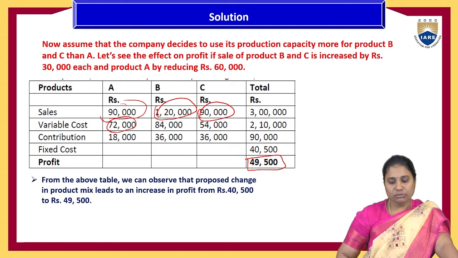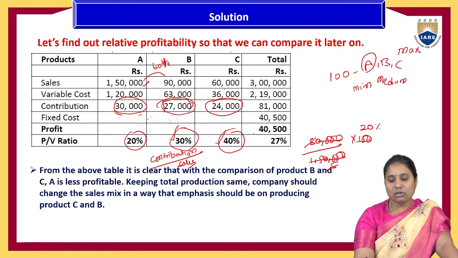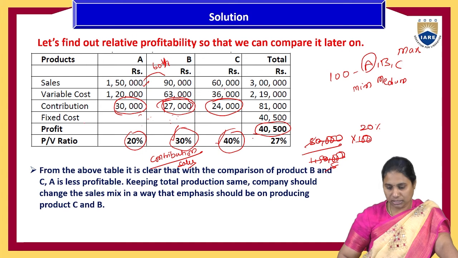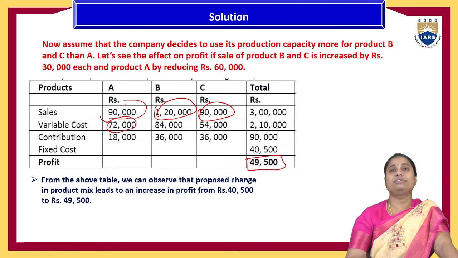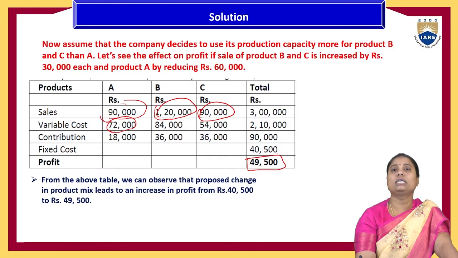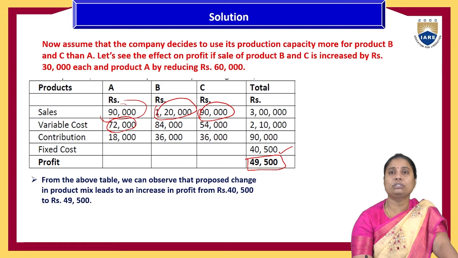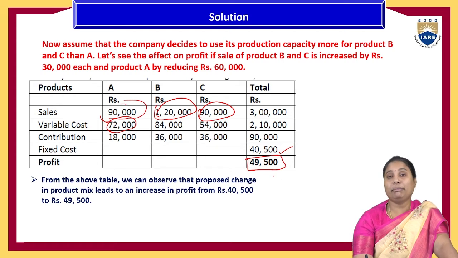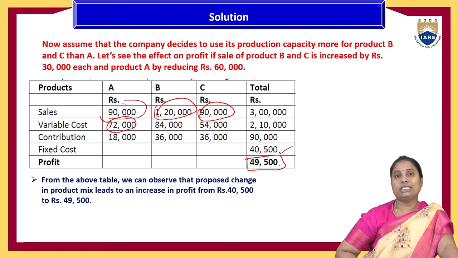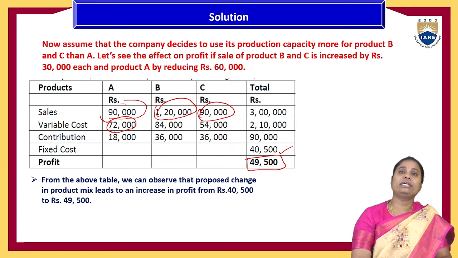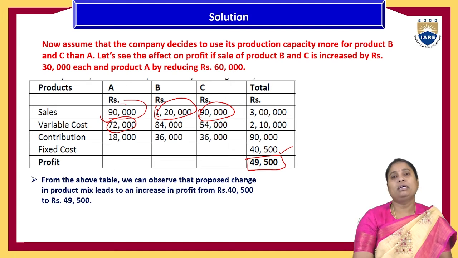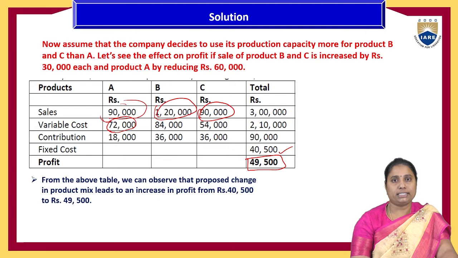Earlier the profit level was only 40,500, but with the same fixed cost and a different combination, they increased their profit levels from 40,500 to 49,500. So this is the impact of the break-even point calculation in deciding the sales mix of the products which contribute maximum profitability to the organization.